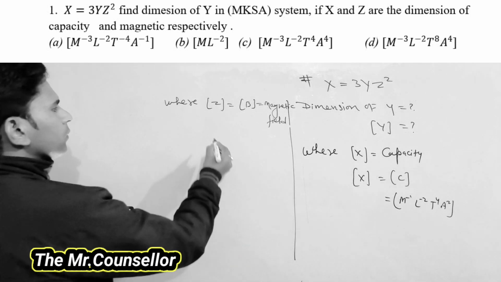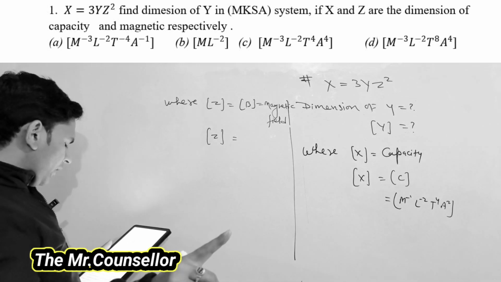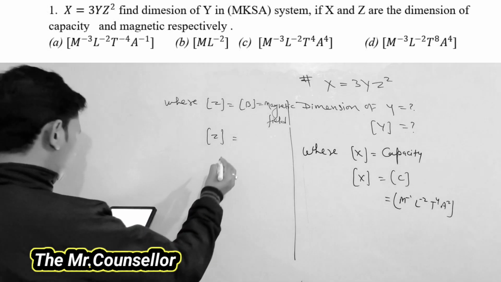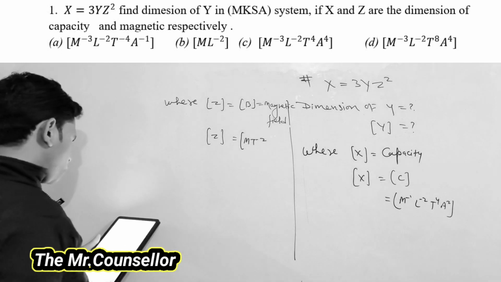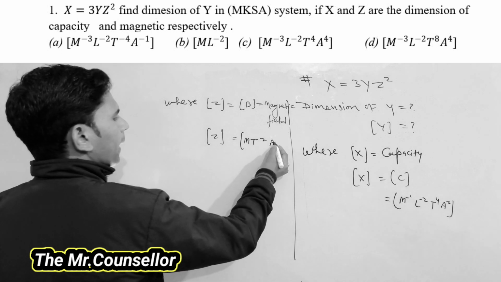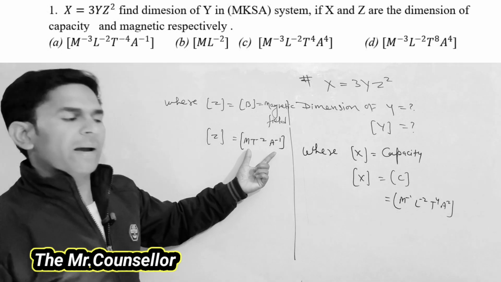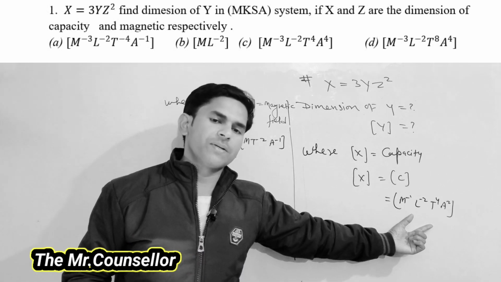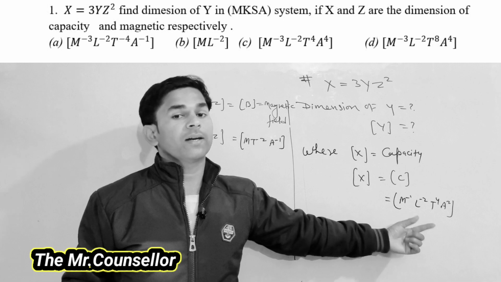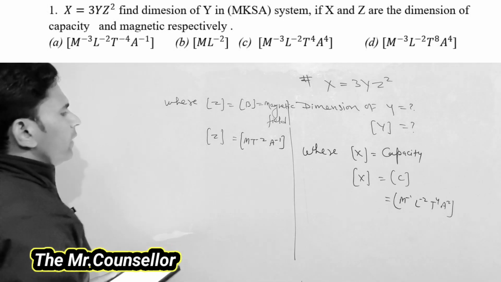Now you can place the dimensional formula of the magnetic field. What is it? M T minus 2 A minus 1. This is the dimensional formula of the magnetic field, and the earlier one is the dimensional formula of capacity. Either we can write capacitance of the capacitor, no problem.